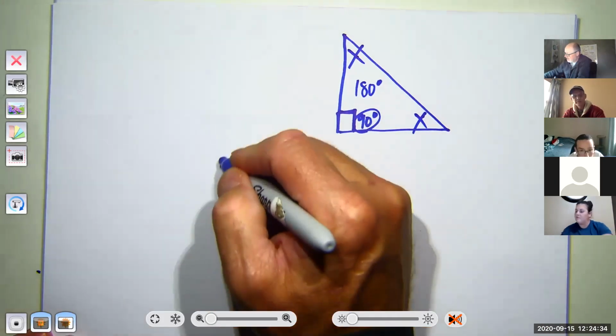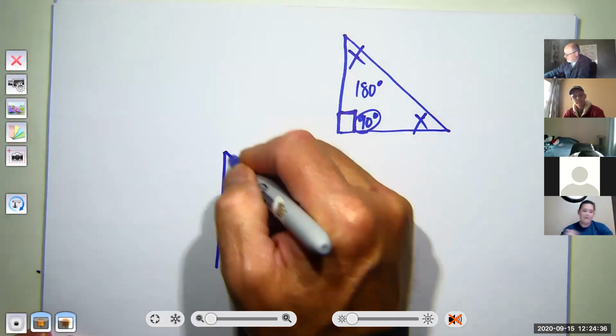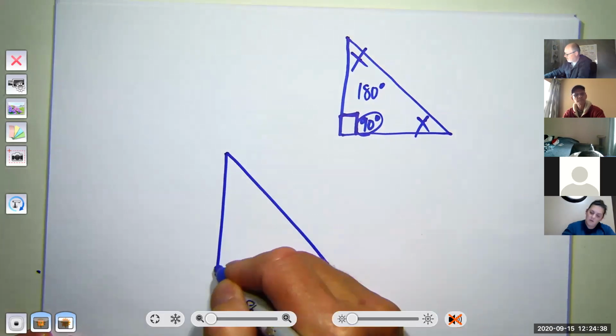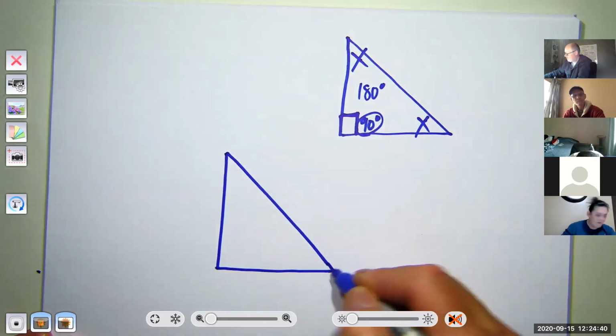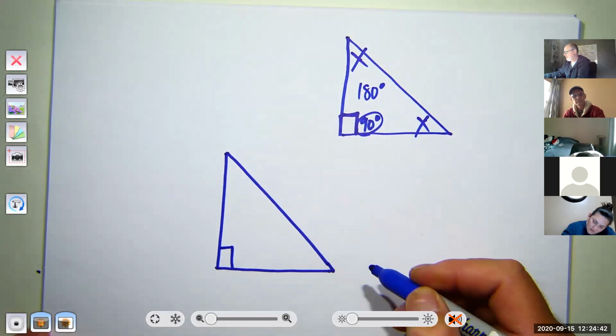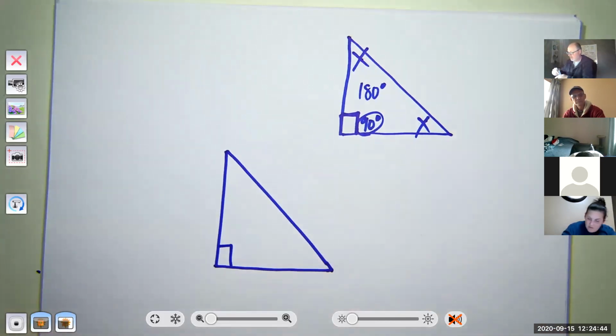So what we need to know, if I had a right angle triangle, is that each line has a name.